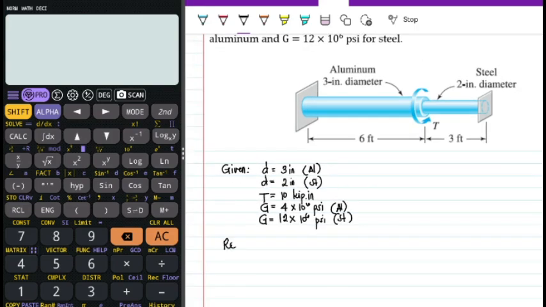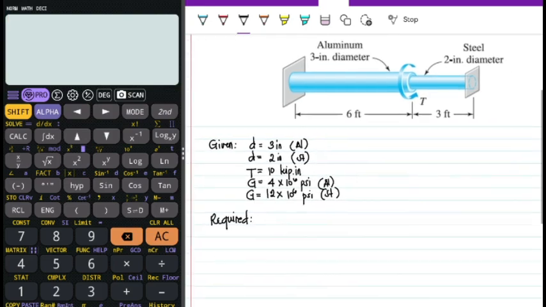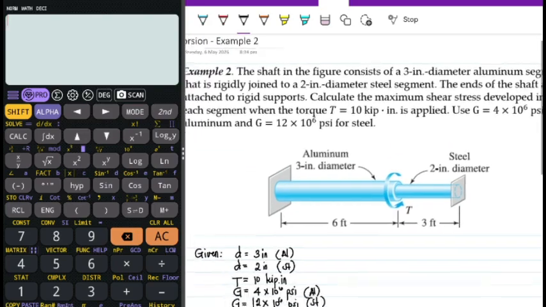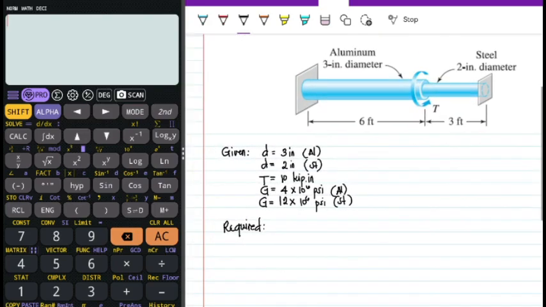Four times 10 to the power of 6 psi for our aluminum, and 12 times 10 to the power of 6 psi for our steel.